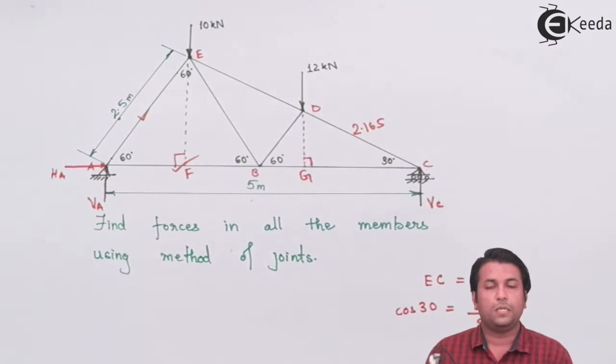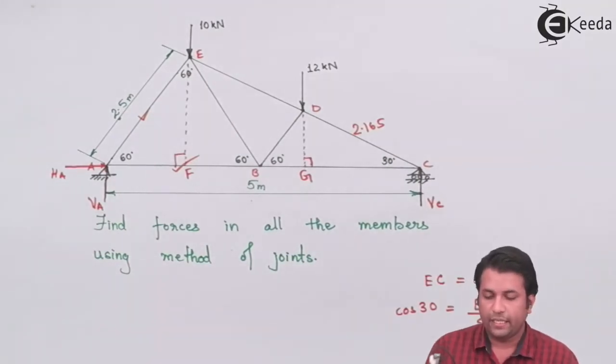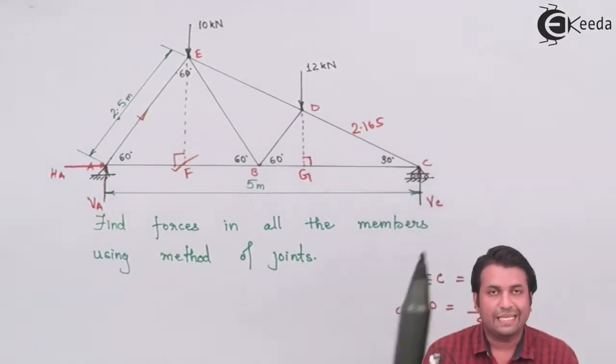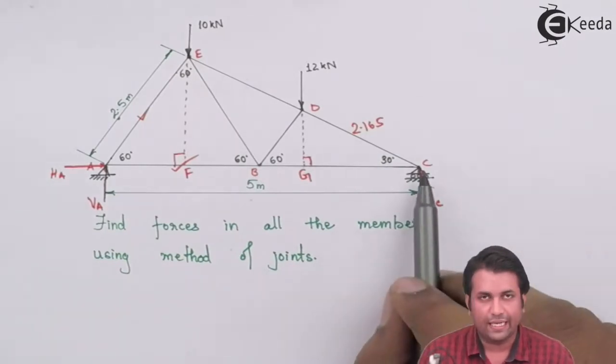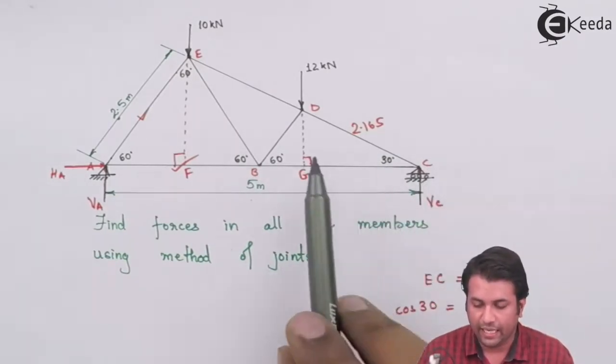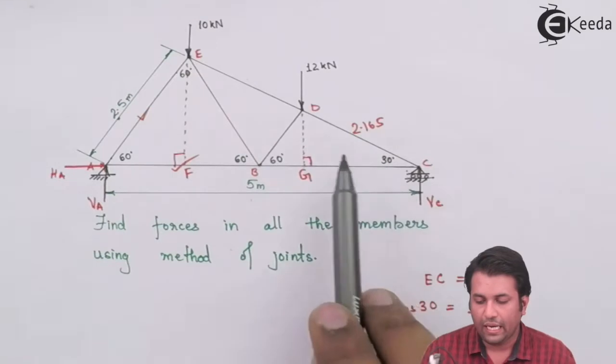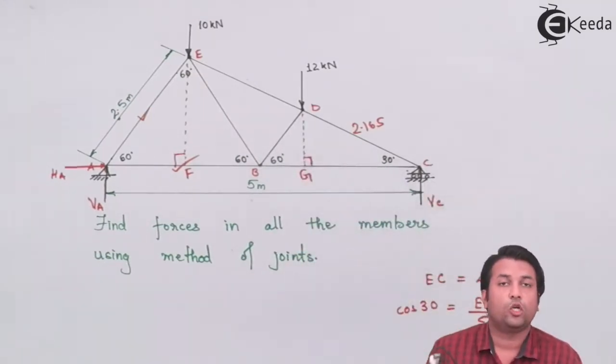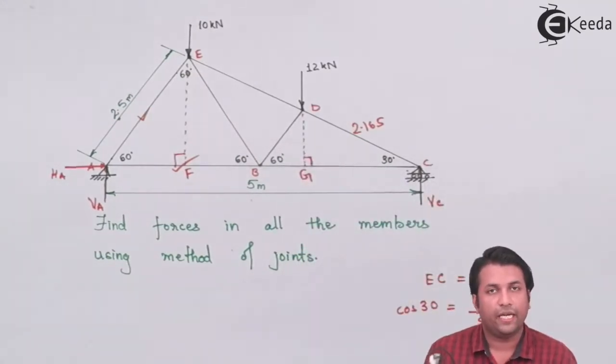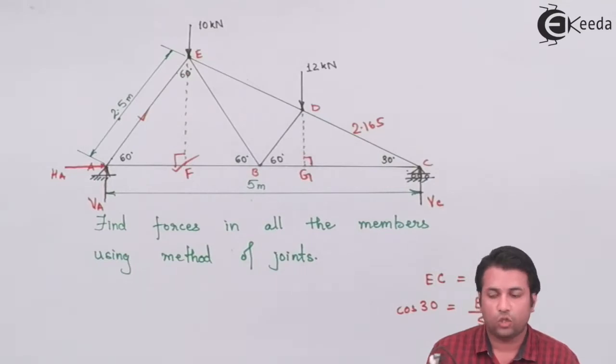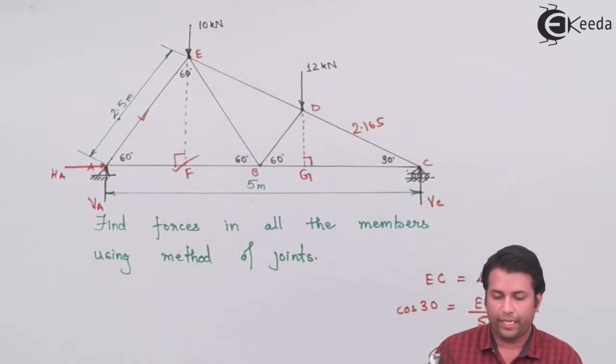Now, I can move on to the next joint, say, for example, joint C. If I go to joint C, again, the members BC and CD are not known to me. So, again, two unknown forces. I can take joint C and go ahead.